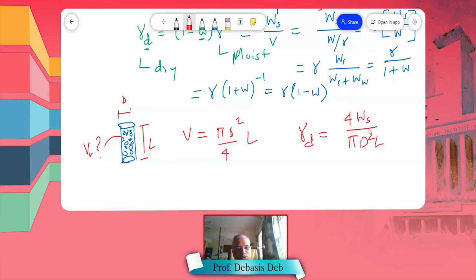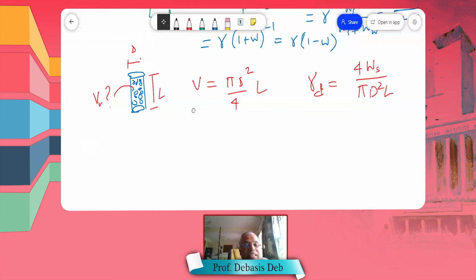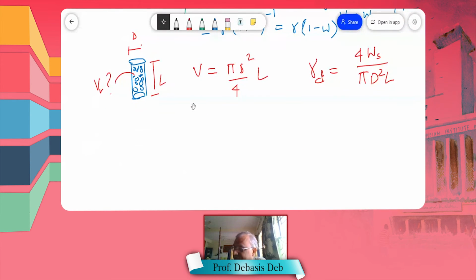Then we make it powder. Powder in the sense we break the sample completely, and we make it to the grain level. We do not break the grain. We go just before breaking the grain. Means you are not going to break a sand.